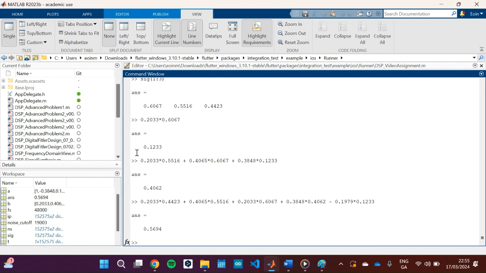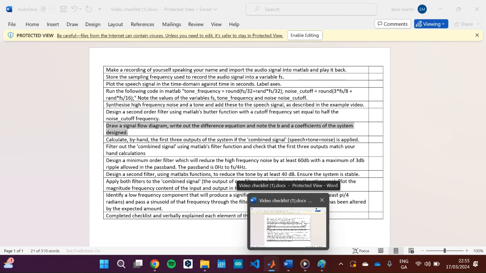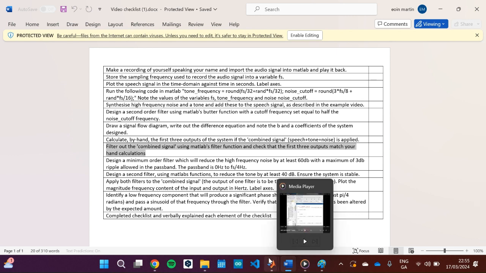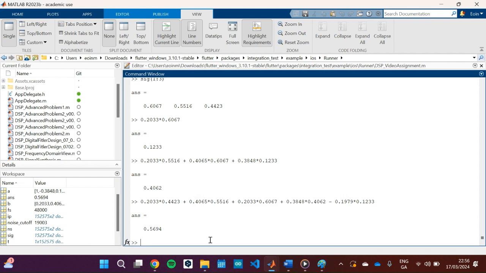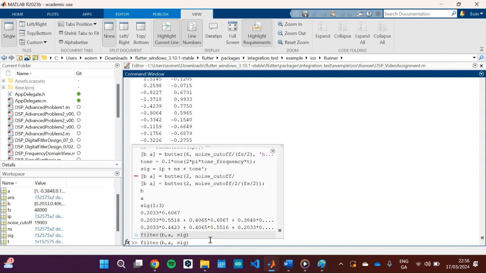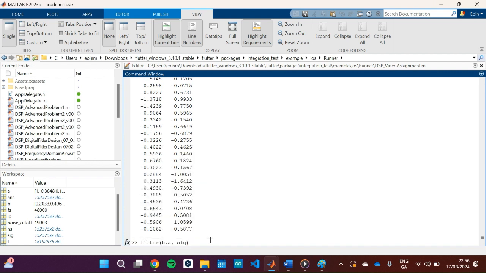Okay, so these three are the outputs, calculated by hand, which is this part, and I'll have to verify by filtering the combined signal and check that they match. So to do that, I'll just use the filter function. Filter B, A, signal 1 to 3.